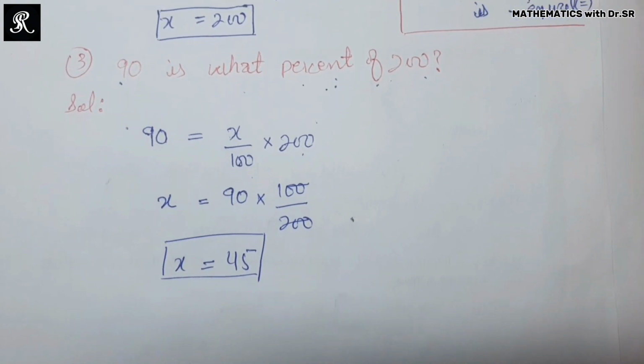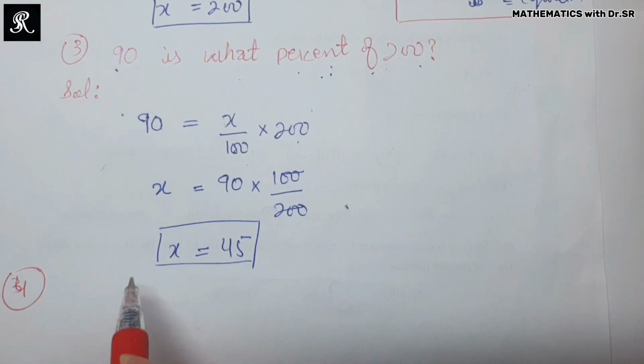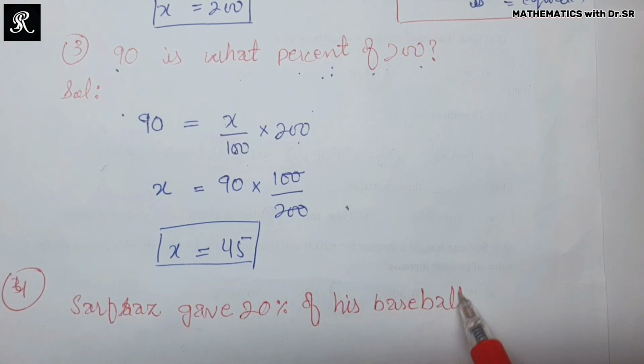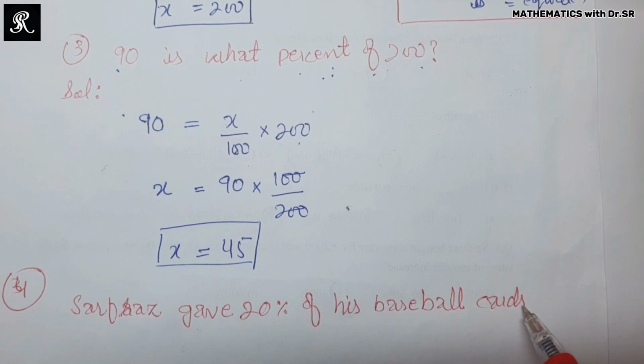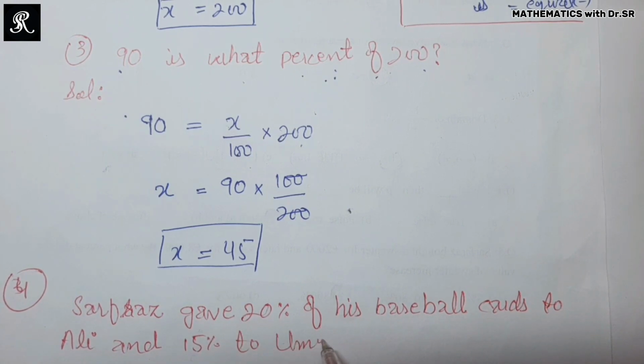Now the fourth question is: Sarfaraz gave 20% of his baseball cards to Ali and 15% to Umer.